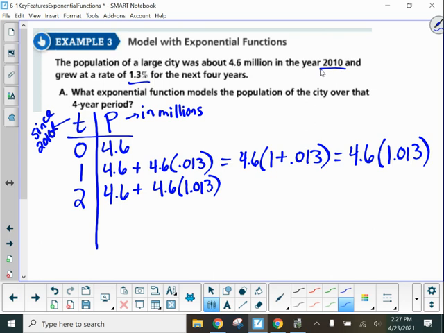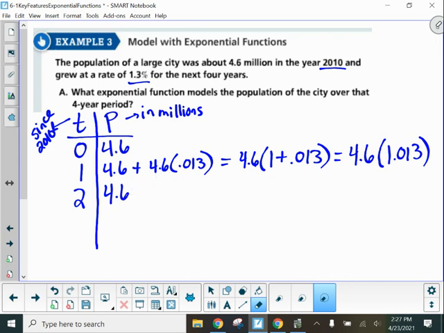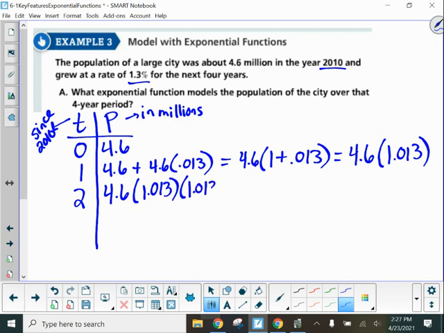So I'm going to be multiplying by an additional 1.013. Let's rewrite that in a better way. I'm multiplying that by an additional 1.013, which means I have 2 1.013s.